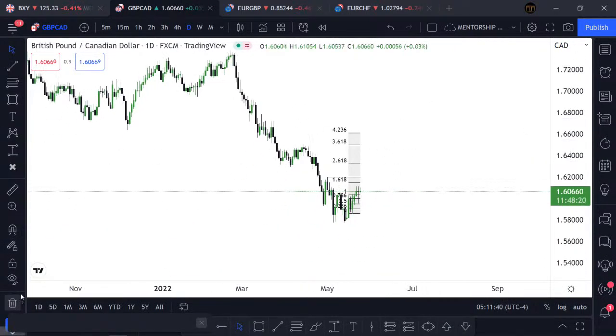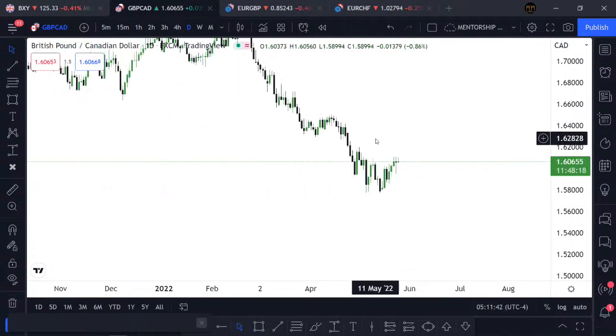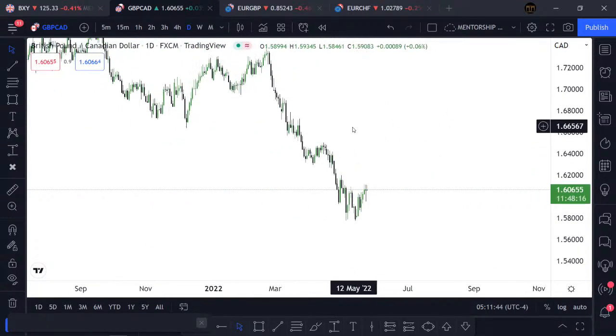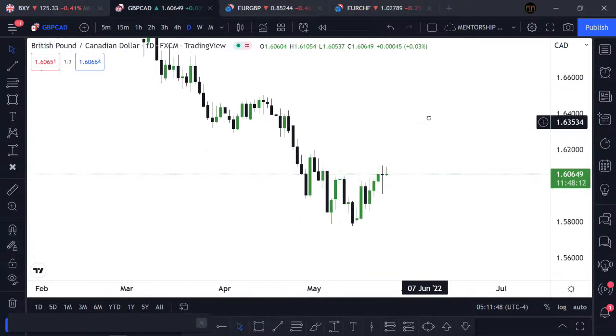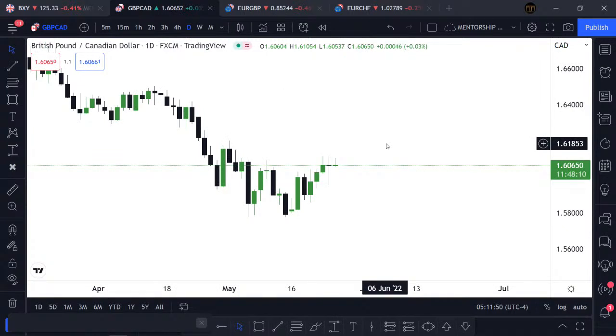So here the pound Canadian dollar, we might want to look for opportunities to go long.